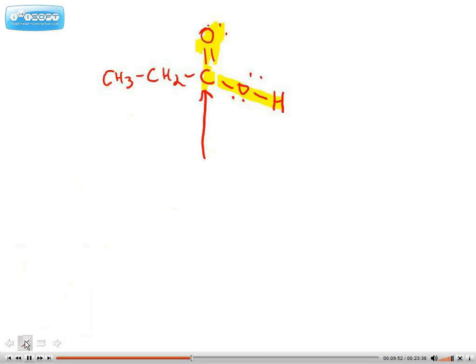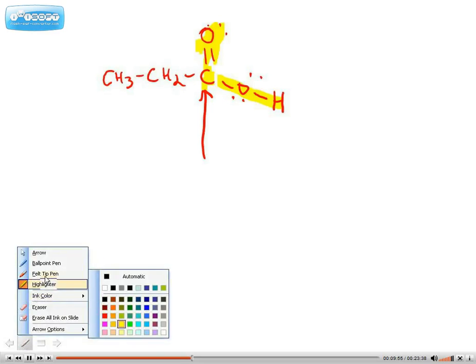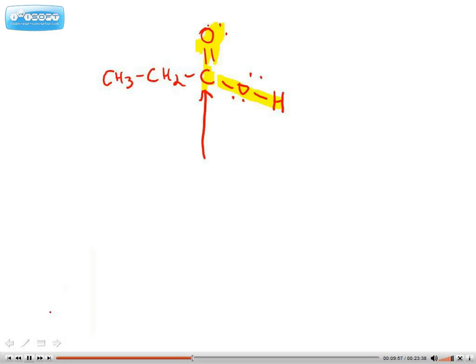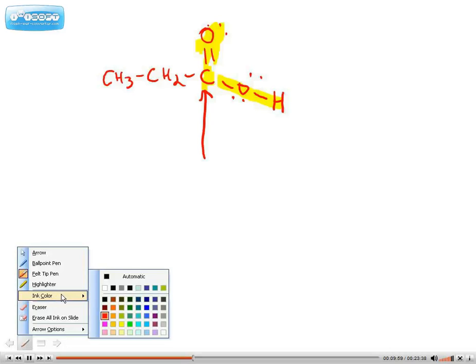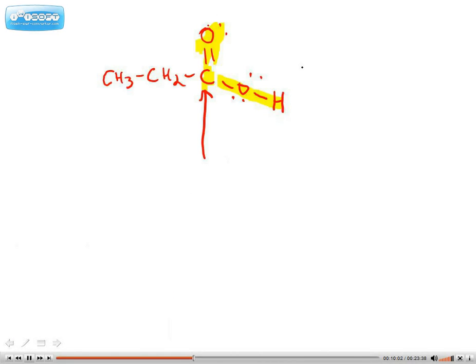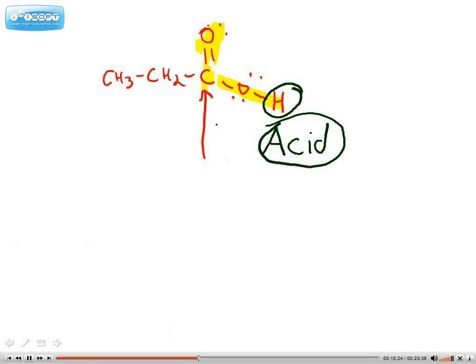I do want to also point out, and I'll use a different color, see this portion right here? I explained to you how we got the name acid, but this is going to be important later on. Based on whether this is a hydrogen or a metal or an R group, the acid portion is going to change. So that'll be important in a few slides down.